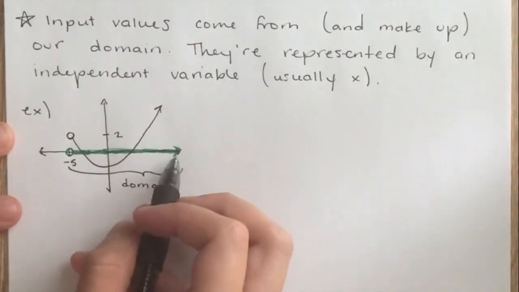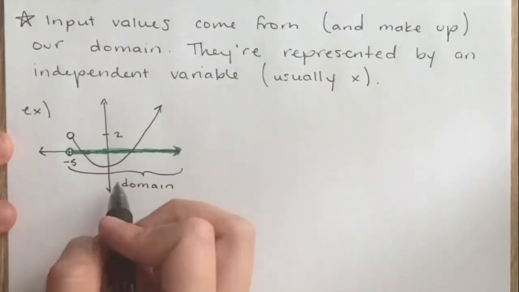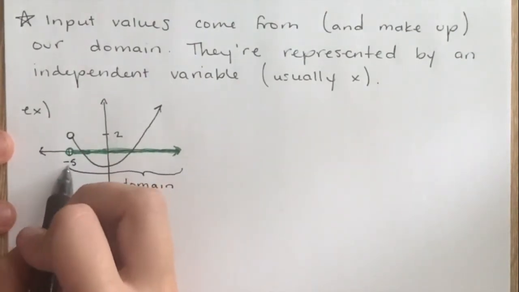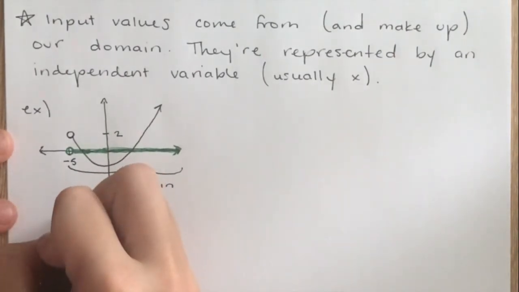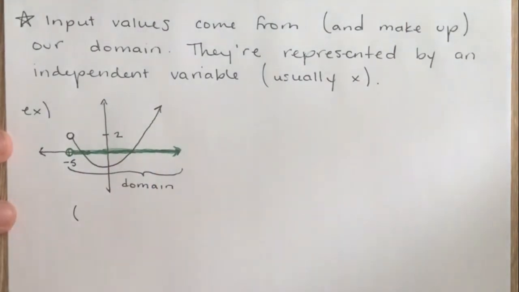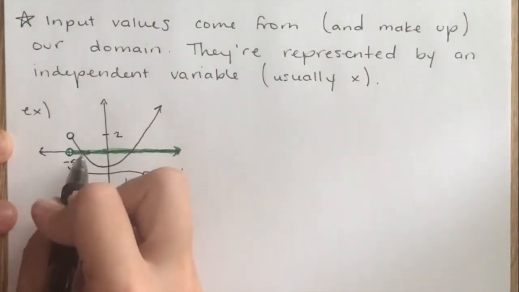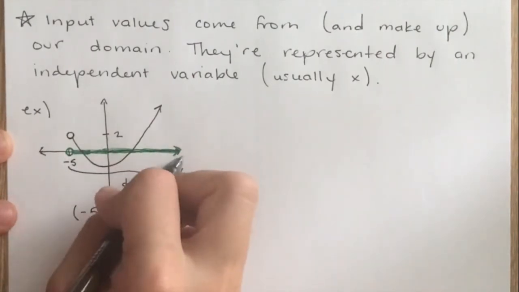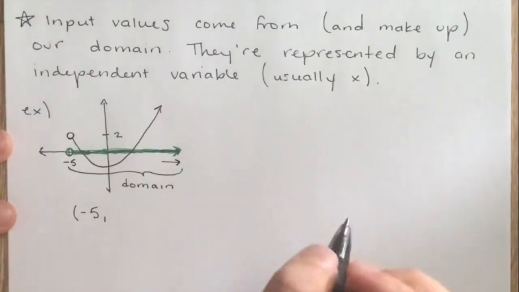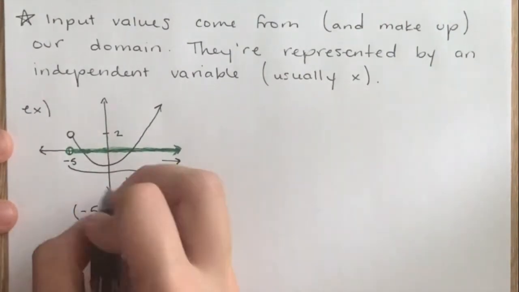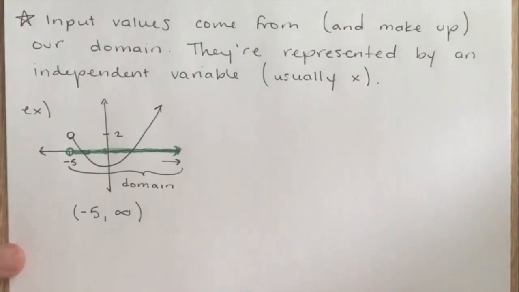Now, the useful part about doing things like this is that it's really easy to see the interval notation of the domain. We have this open point, so that means we're going to start with a parenthesis, -5, and then everything else is included all the way off to infinity. It continues off in that direction. So we're going to go to infinity, and infinity always has a parenthesis.